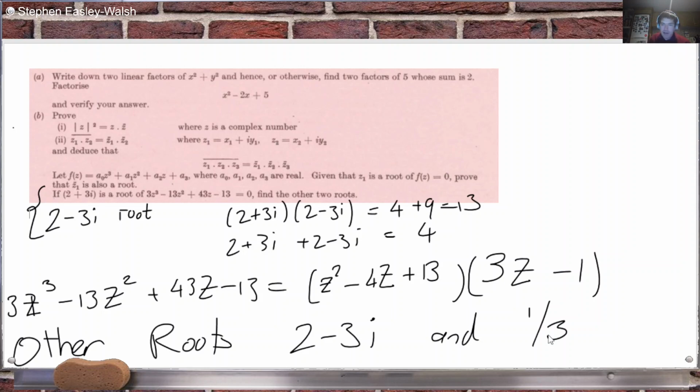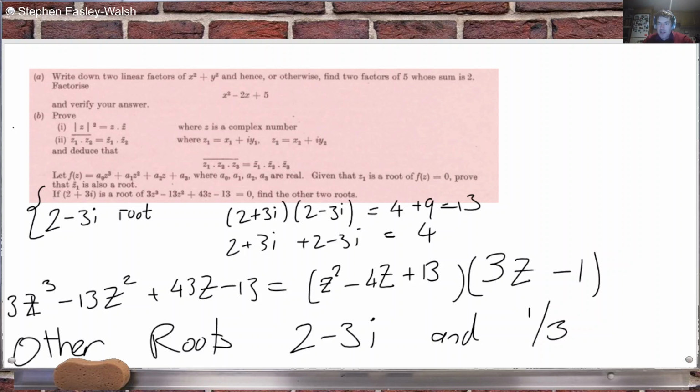You could test it out if you want. You could put in 1 over 3 here and make sure you get 0. Let's see, 1 over 3 cubed is 1 over 27, so that's 1 over 9. So I wonder if I got a crude calculator here. 1 over 9, okay, minus 13 over 9.